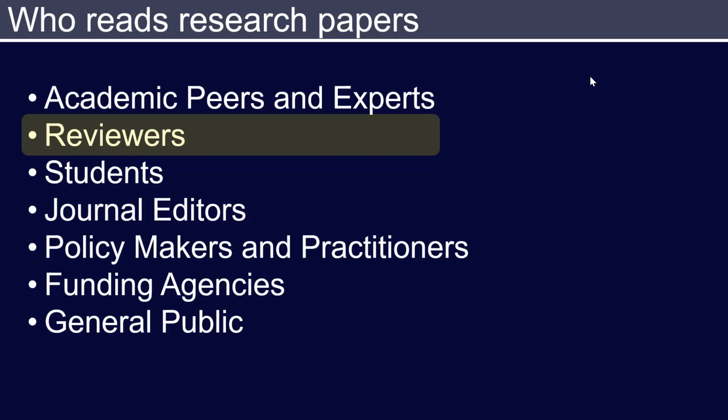So you are writing research papers not only for academic peers and experts in your domain, you are writing research papers for reviewers and experts in other domains who can appreciate your work, maybe using your work to address some other problem. So what we call this, there are two things, interdisciplinary research and intradisciplinary research.